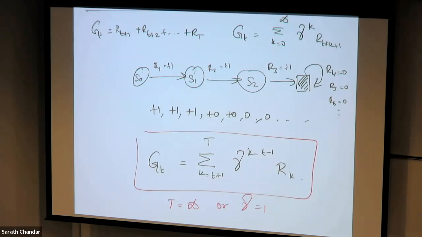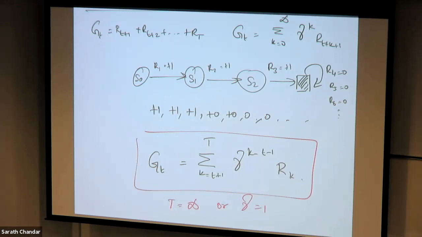As you can see, if T goes to infinity, then this is the return for the continuing case, with a discounting factor and T going to infinity. If T doesn't go to infinity, then gamma can be 1. If gamma is 1 and T goes to infinity, then you have this infinite term. So whenever T stops, then gamma can be equal to 1.